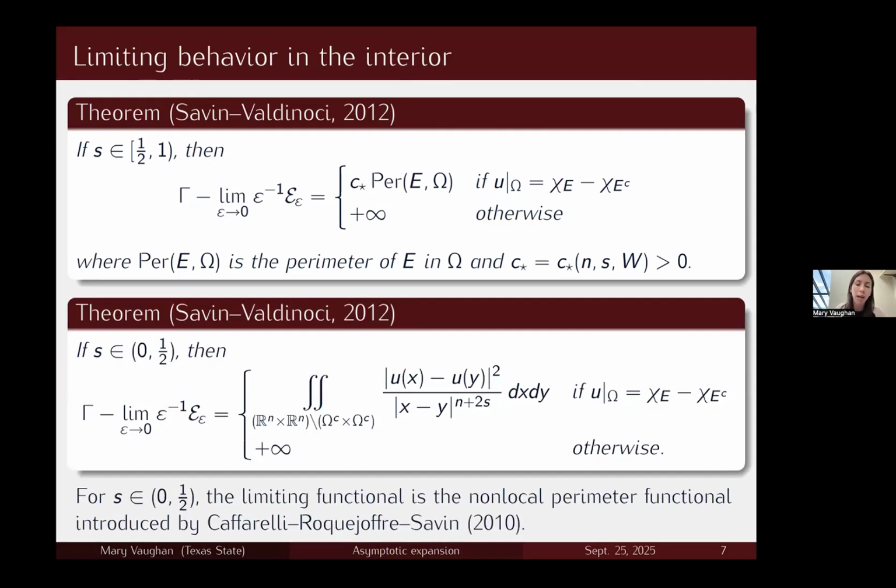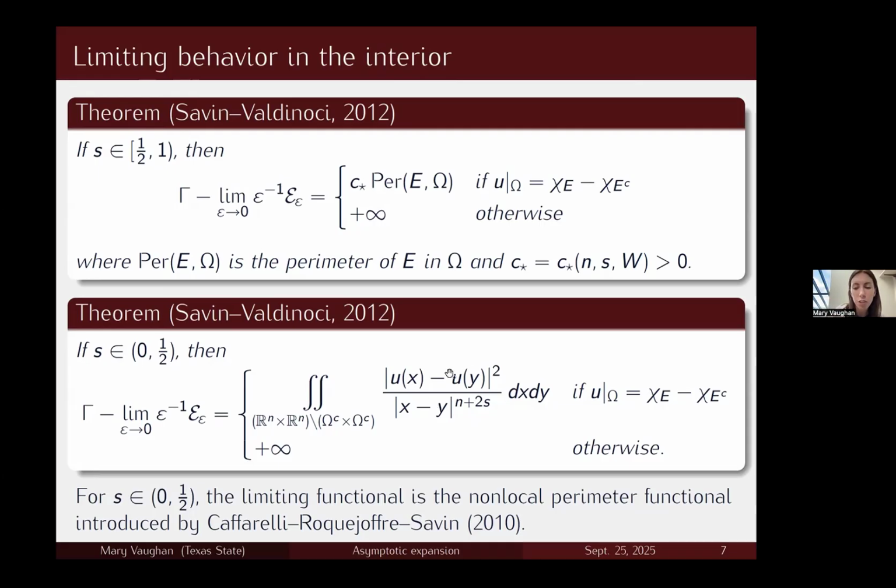On the other hand, when s is strictly less than 1/2, the long-range interactions play a bigger role. What they show is that the energy, again divided by epsilon, gamma converges to a non-local energy functional. So you don't localize in this case, you are genuinely non-local, which is the terminology we like to use. And you still have that convergence only when u is equal to 1 in some set and -1 in another.